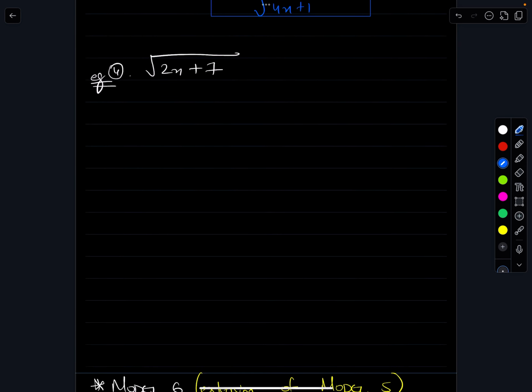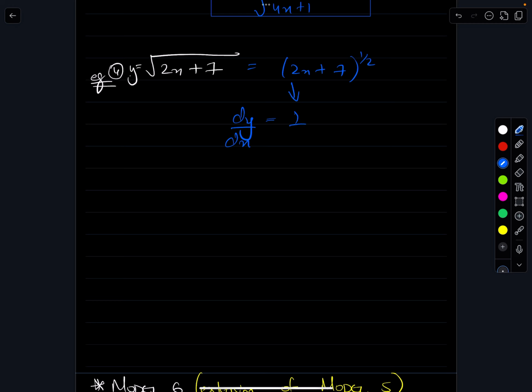Then we have our last and final example for this model. We'll start by rewriting this again, and then we'll simply find dy by dx.